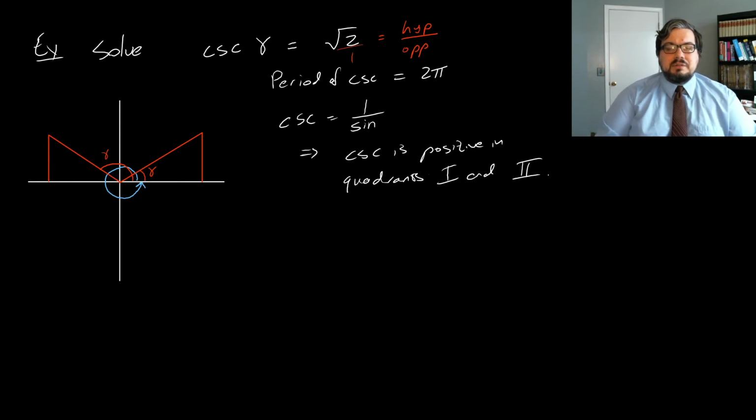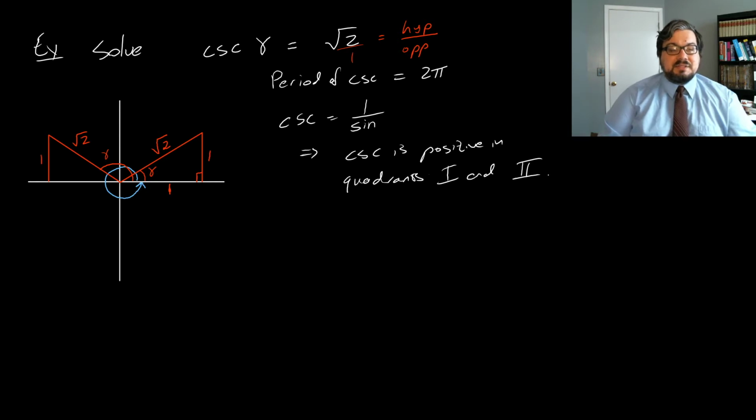So, to get a cosecant of square root of 2, we want the hypotenuse of these triangles to have length square root of 2, and the opposite side to have length 1. Now, from here, we can either recognize that this is going to be our 1, 1, square root of 2 triangle, or we could use the Pythagorean theorem to work out that the other side of this triangle has to be 1. We can do the same thing over on the left triangle.